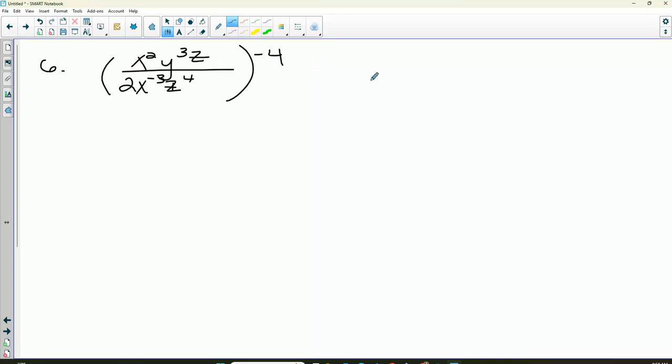Then let's simplify on the inside. My coefficients, I have a 2, that's all, so it's going to stay. With my x's, if they're on top and bottom, you subtract exponents. Which one's bigger, 2 or -3? 2. So we're going to subtract -3. So 2 minus -3 is 5.